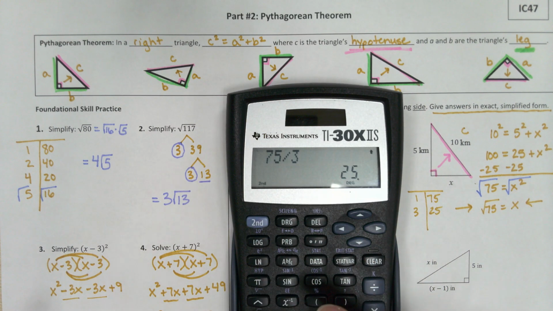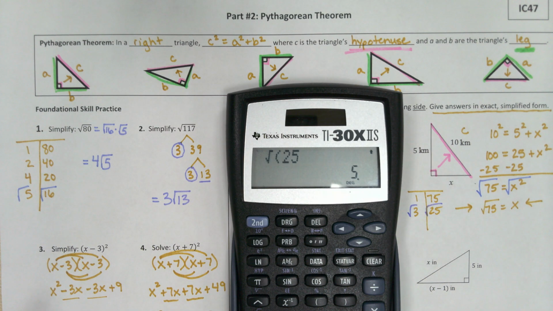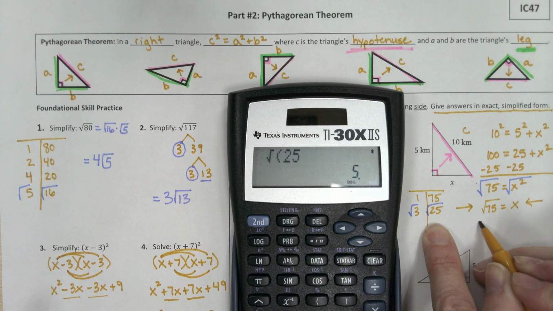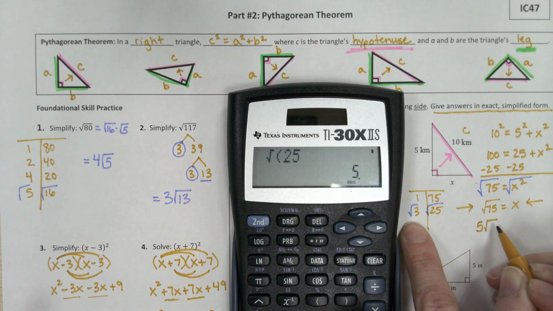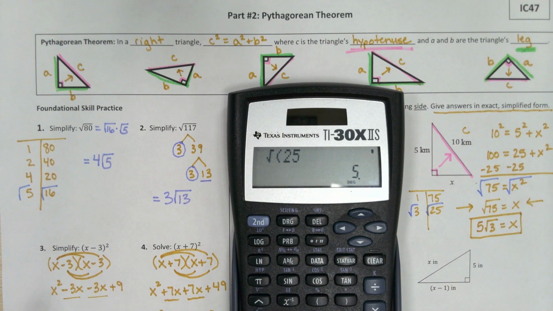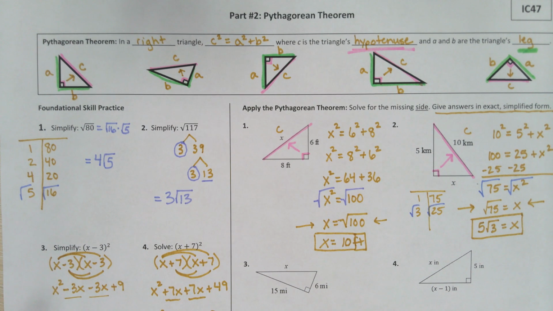If I try to square root that larger factor, that's going to do it. That was quick. So that means the better answer for x is to square root the 25 to get 5, and then this root 3 multiplies by that to be equivalent to the root 75. So the simplified exact answer will be 5 root 3.